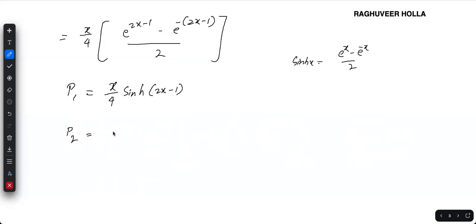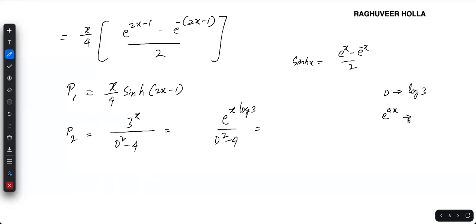The second would be 3 to the power of x by D square minus 4, which is e to the power of x log 3 by D square minus 4. Now substitute D as log 3, since e to the power of ax is e to the power of x log 3, so a is log 3.